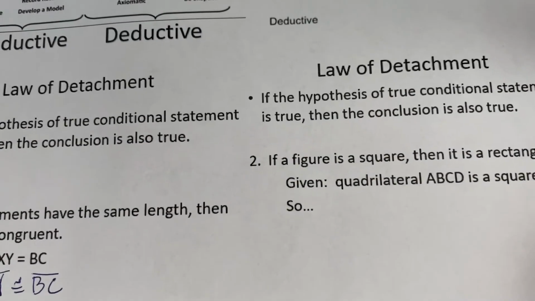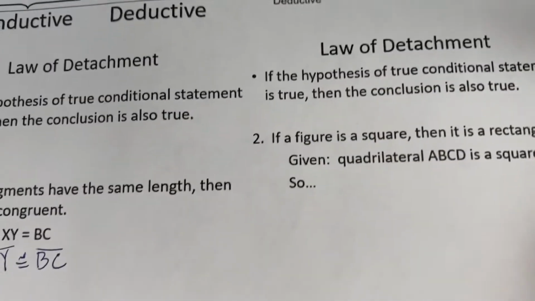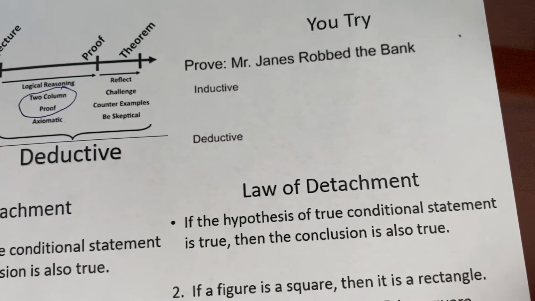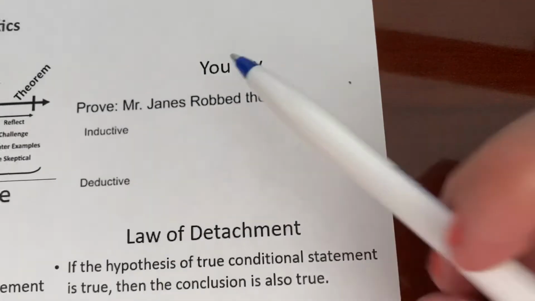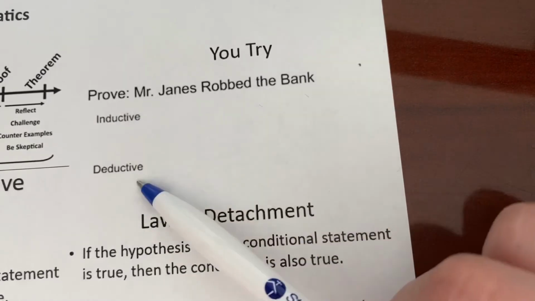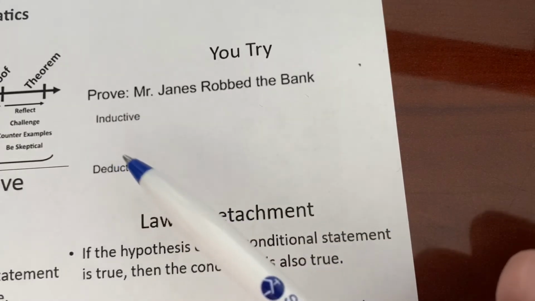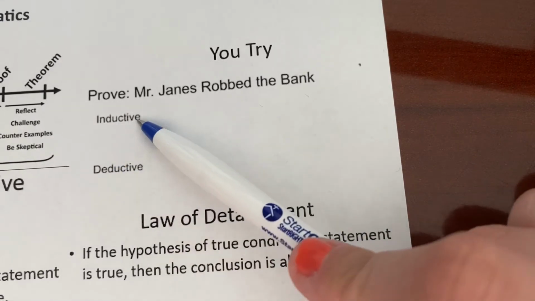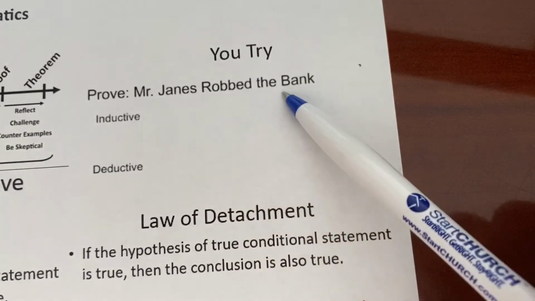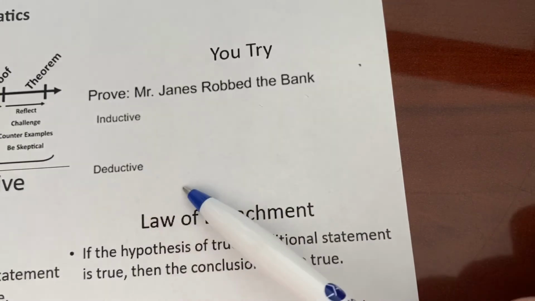Oh, I skipped this. Okay, let's go over here. Sorry. So I want you to try this. Between inductive and deductive reasoning, we're going to go back to inductive and deductive. Give me an example of some inductive ways that you could show that Mr. James robbed the bank, and some deductive ways.